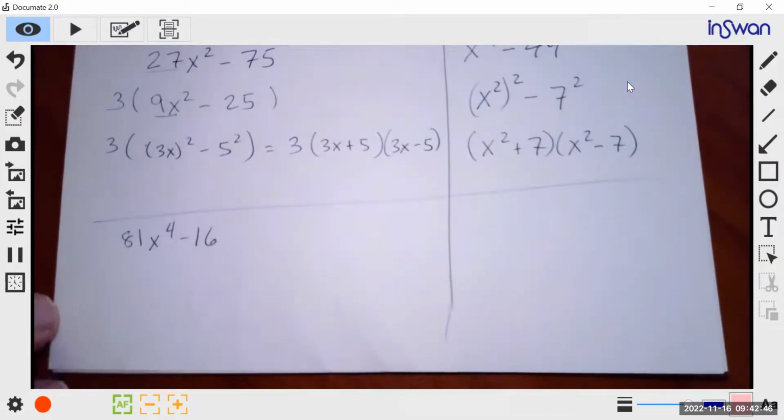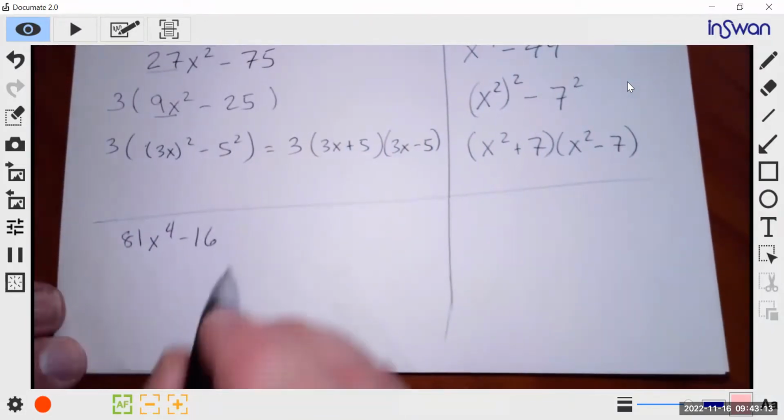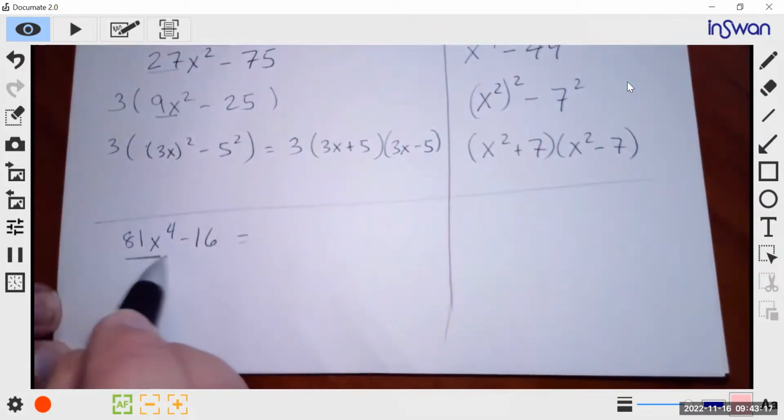And how about this one? Is this one a perfect square?